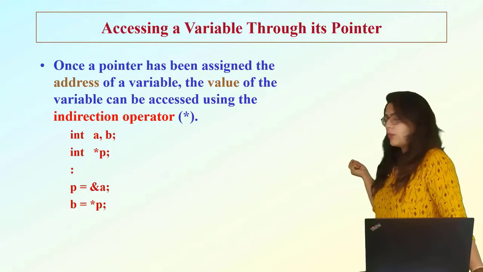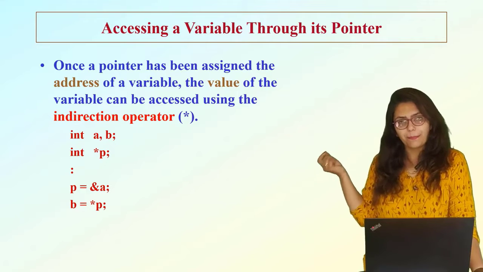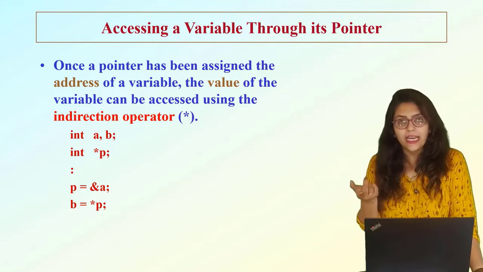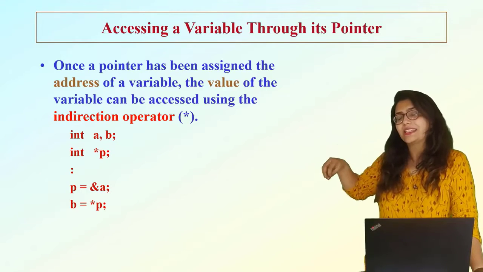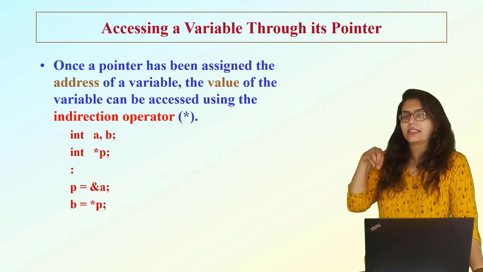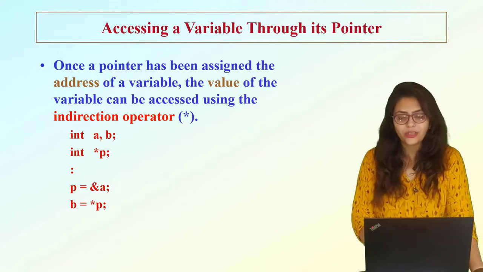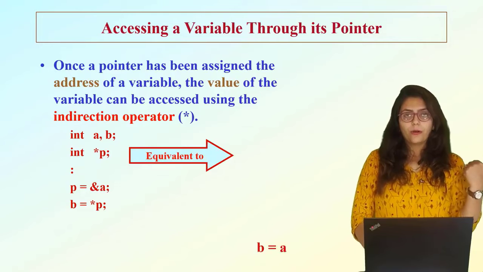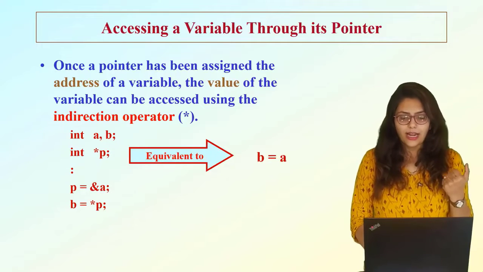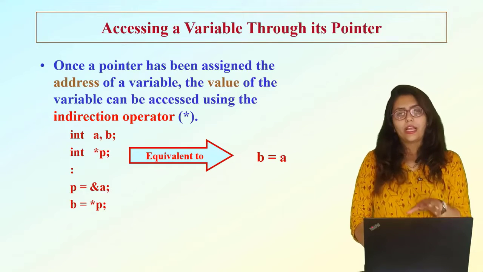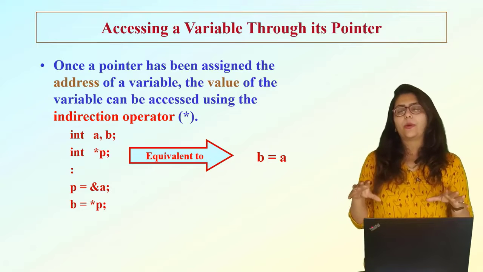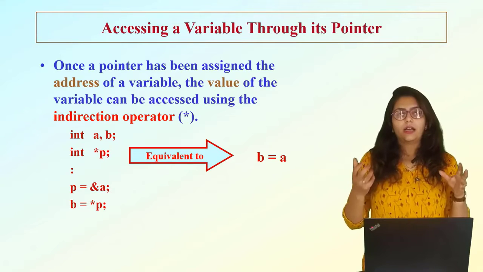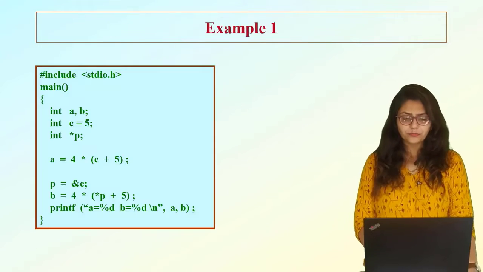So here b equals the value pointed to by p. So p is pointing to a. So whatever value is stored inside a will be assigned to b. So this is how you can understand that here b equal to a. So this expression b equal to a can be written like this in the form of a pointer.